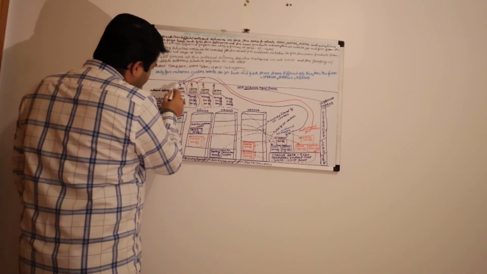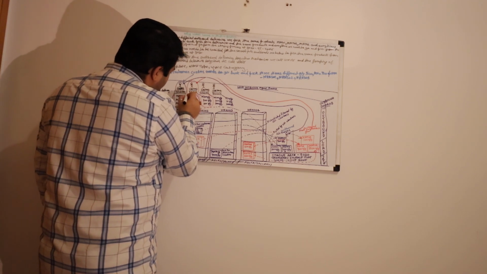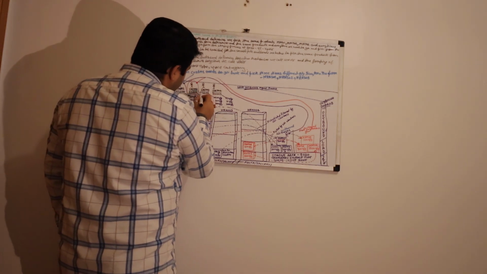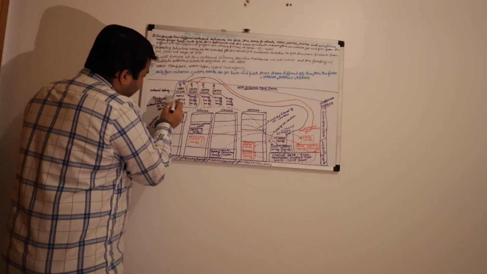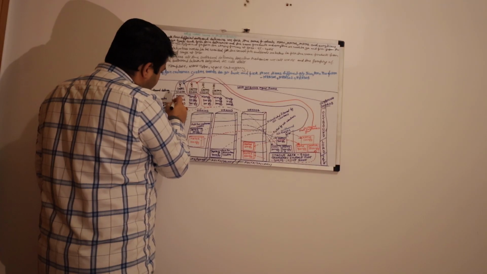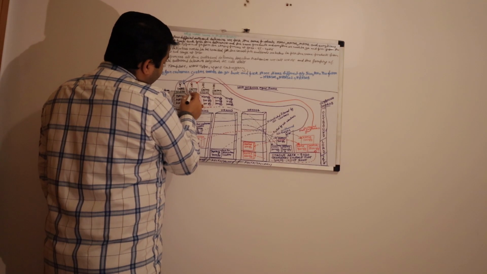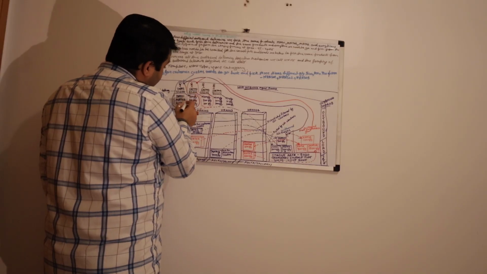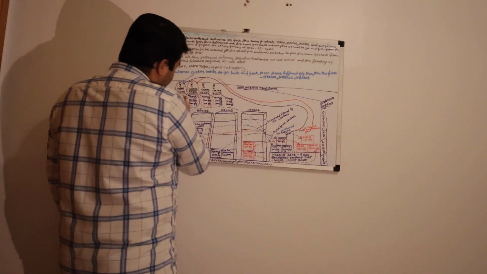So suppose this is my customer 1 outbound delivery, customer 2 another outbound delivery, customer 3 another outbound delivery, customer 4 another outbound delivery. Materials are common for all the customers in this example: material 1, material 2, material 3. So first I will start with customer 1.